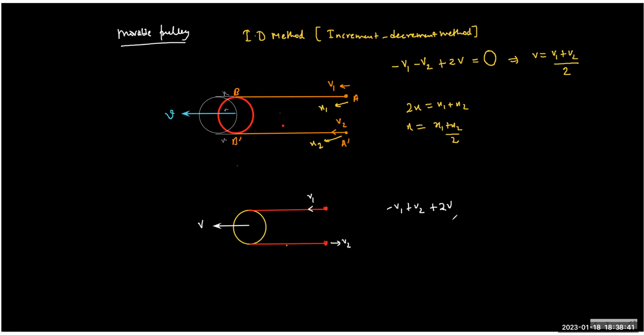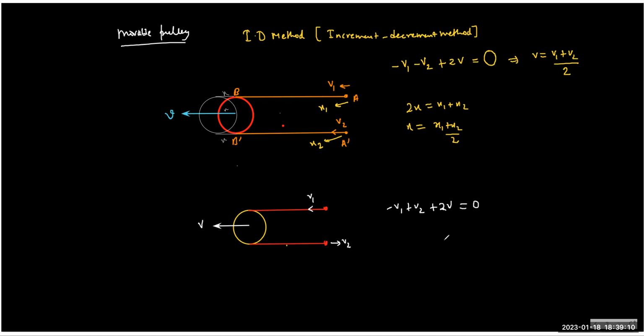So v1 is decreasing, v2 is increasing, v is also increasing, but at a double rate. So the overall change should be 0 because it is not extensible, isn't it? Yes, sir. See, to get a mental picture, we do all this freezing thing. We freeze the other events and try to analyze one event at once, because it is very difficult to understand every event at once.